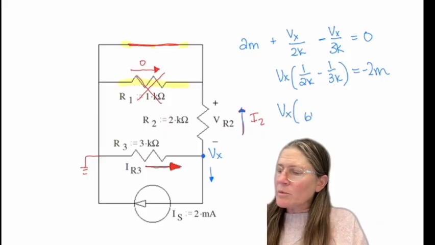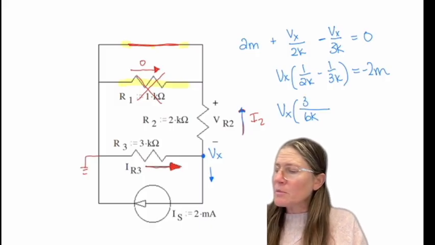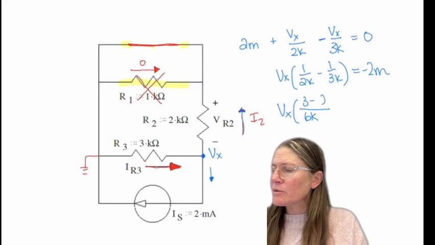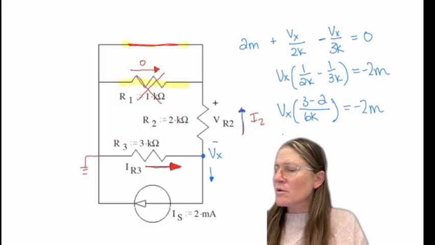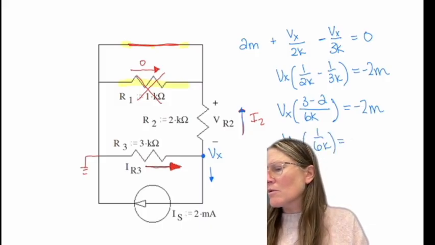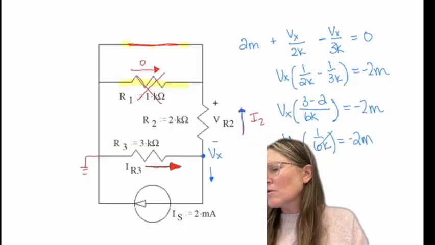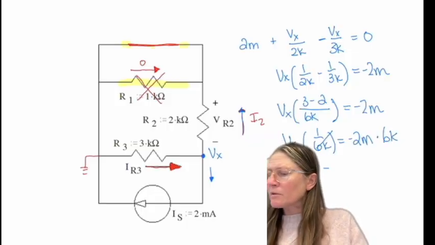So 6K would be a common denominator, which will give me 3 minus 2. And this will give me that Vx is a negative 12 volts.